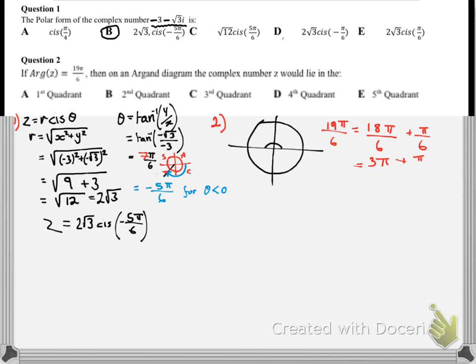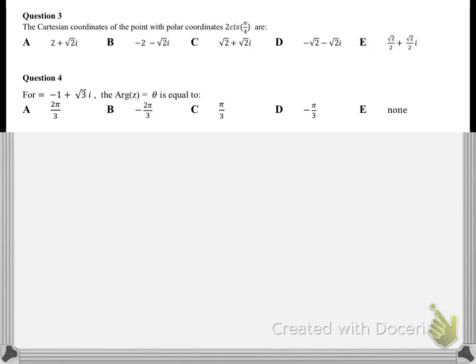So 3 pi is starting at 0, going around once, going another 180 degrees twice, and then the third time over here. So 18 pi on 6 is on the negative x-axis. Now let's add 1 more pi on 6. It comes down into the third quadrant. There it is.